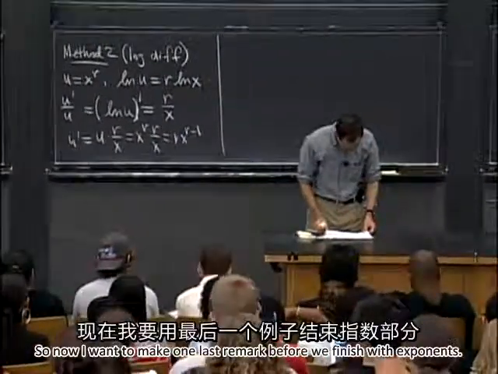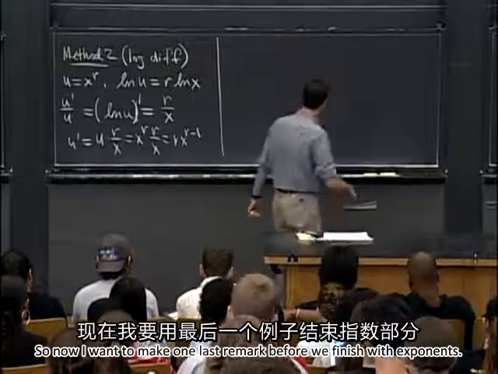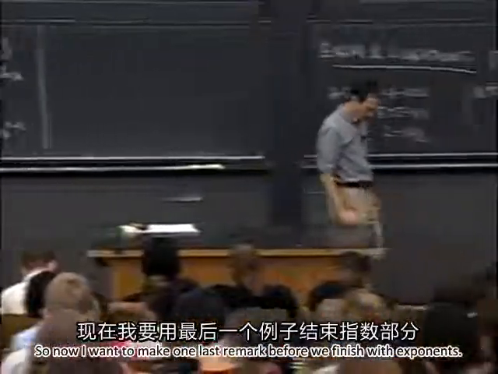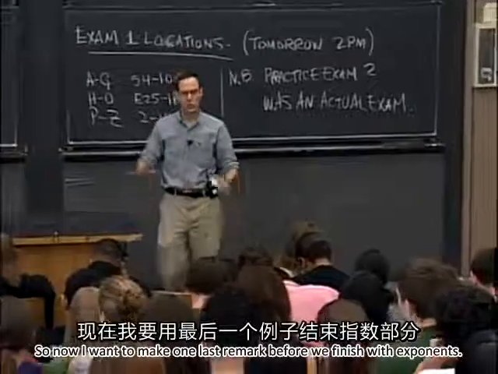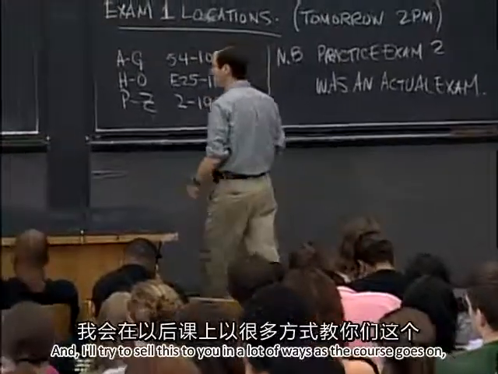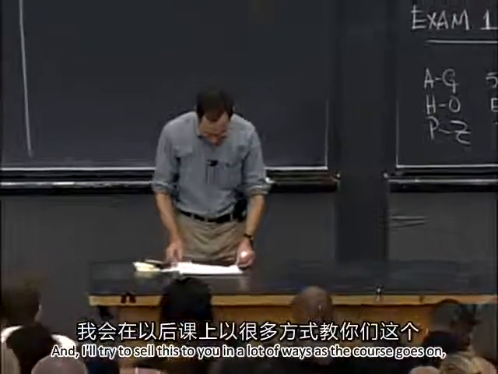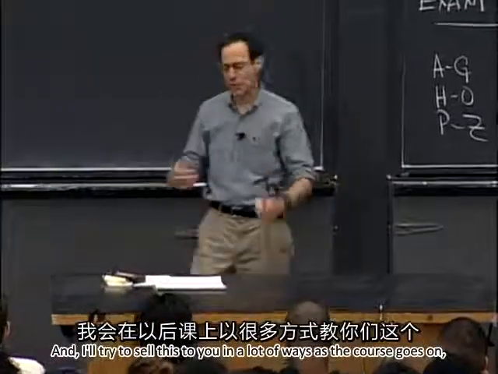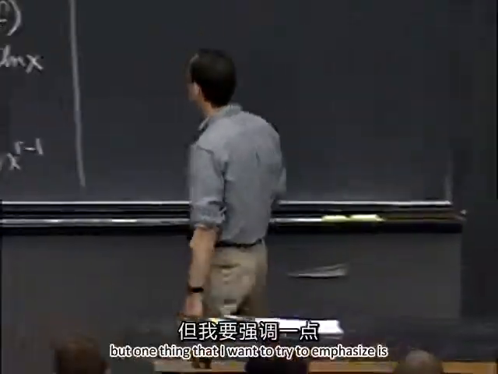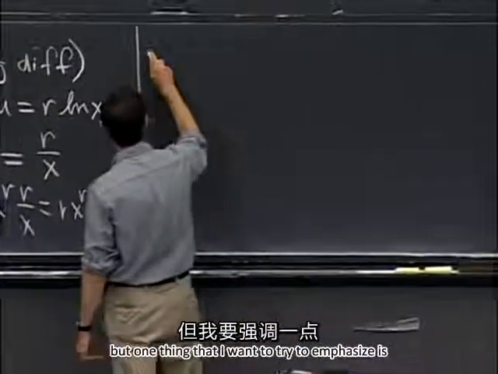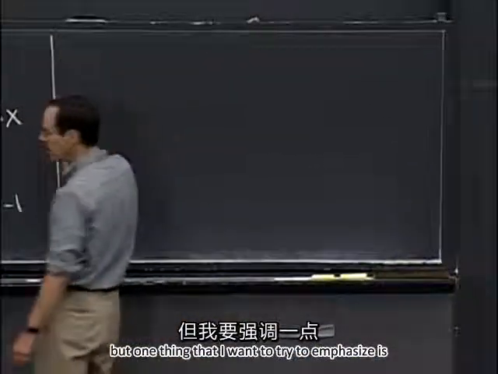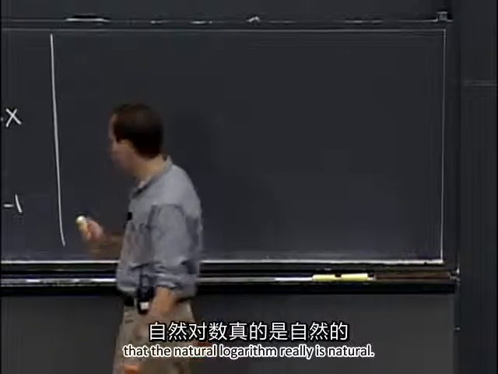All right. So now I want to make one last remark before we finish with exponents. I'll try to sell this to you in a lot of ways as the course goes on, but one thing that I want to try to emphasize is that the natural logarithm really is natural.